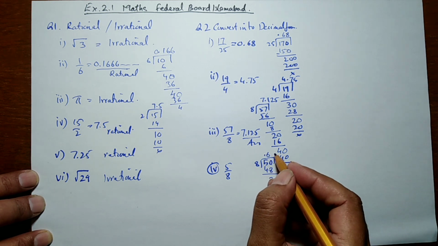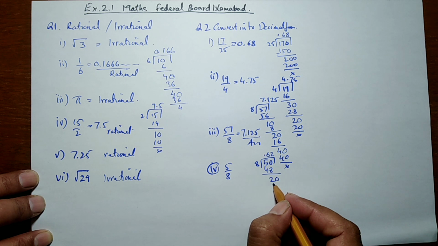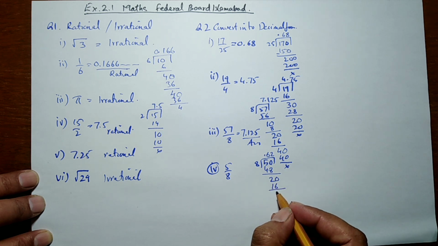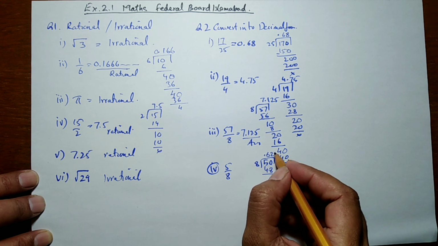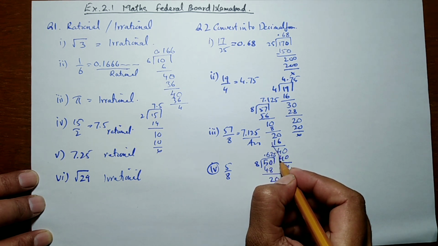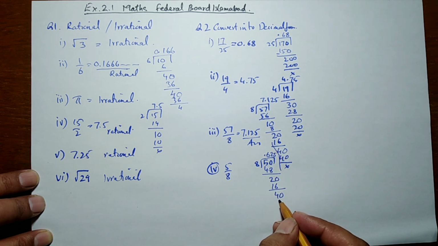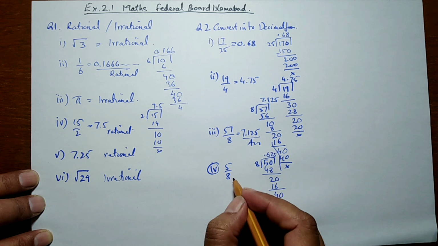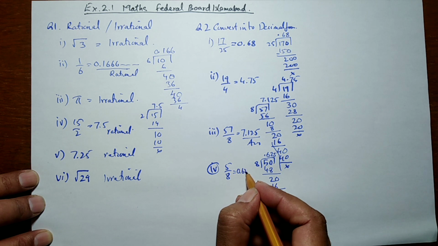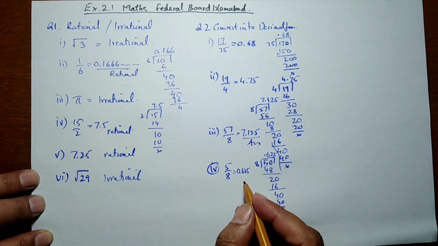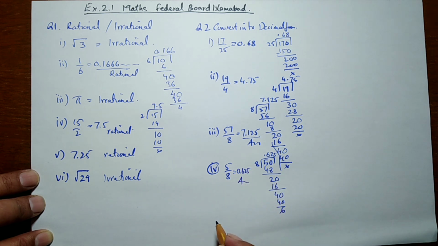Introduce 0 here. 8 2s are 16. We have remainder 4. Introduce 0 here, and 8 5s are 40, and our answer is 0.625. So this is our answer in decimal.